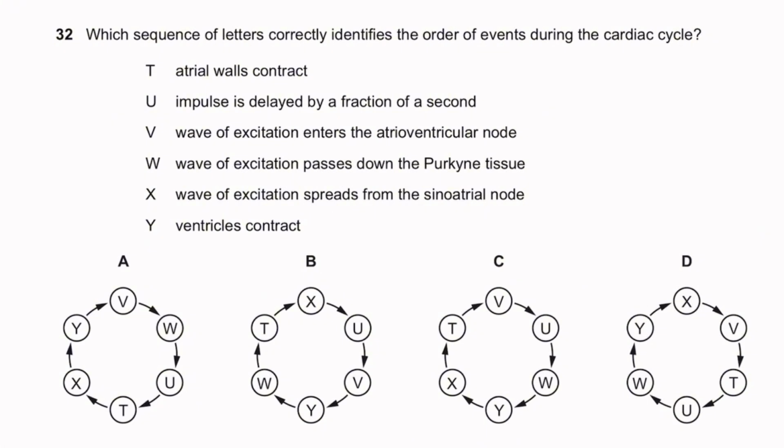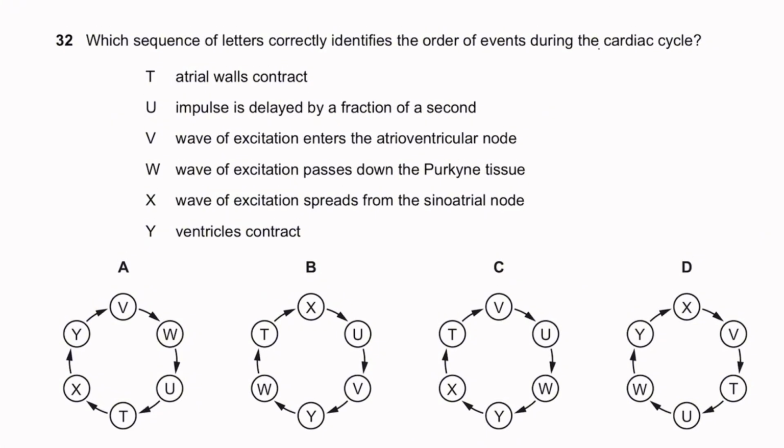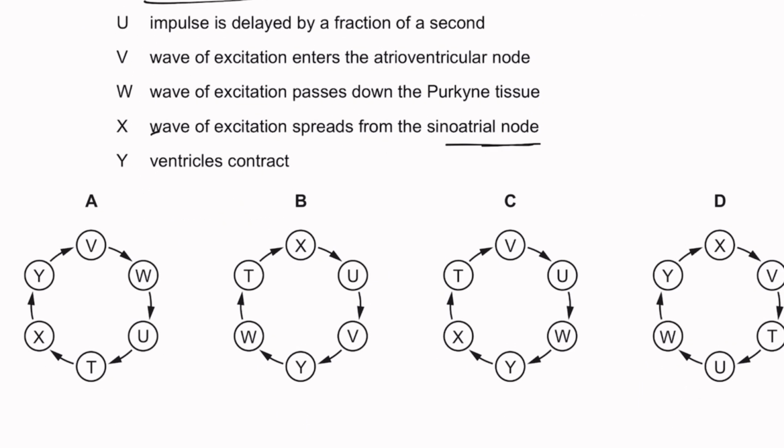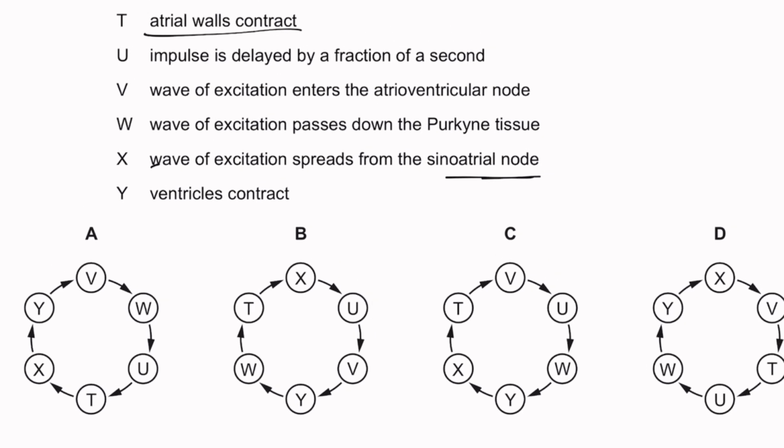Which sequence of letters correctly identifies the order of events during the cardiac cycle? Atrial walls contract, impulse. Okay, so first we need the sinoatrial node. So wave of excitation spreads from sinoatrial node, X. Okay, this is followed by wave of excitation enters the atrioventricular node, where the impulse is delayed by a fraction of a second. Ventricles contract.